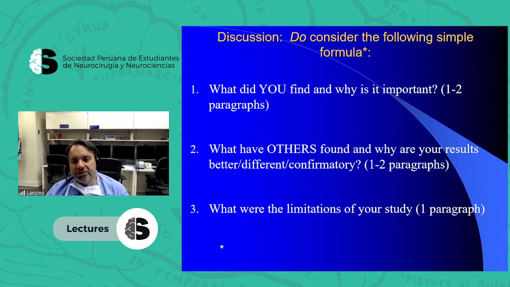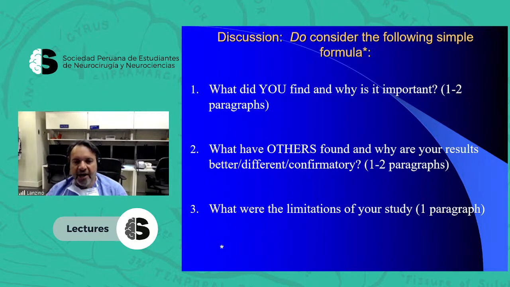Now, when you list the limitations, it's also important to try to counteract some of the statements that you make with a sentence that somehow mitigates the strength of some of these statements.